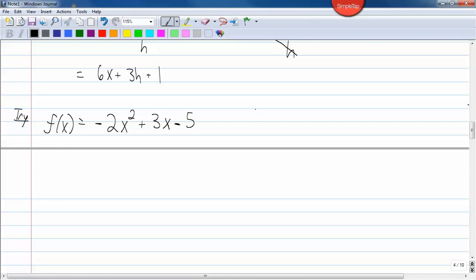And we want to find the difference quotient of f. That's f of x plus h minus f of x all over h.